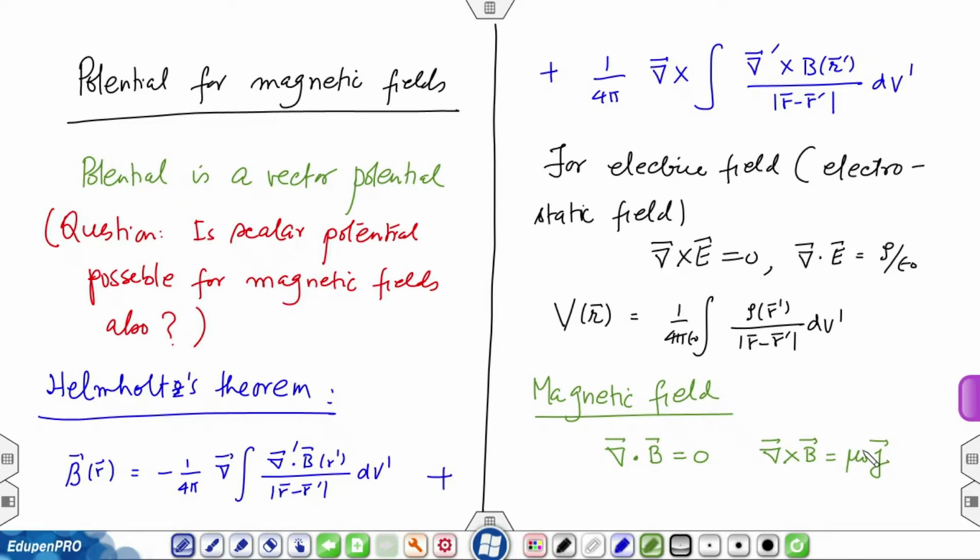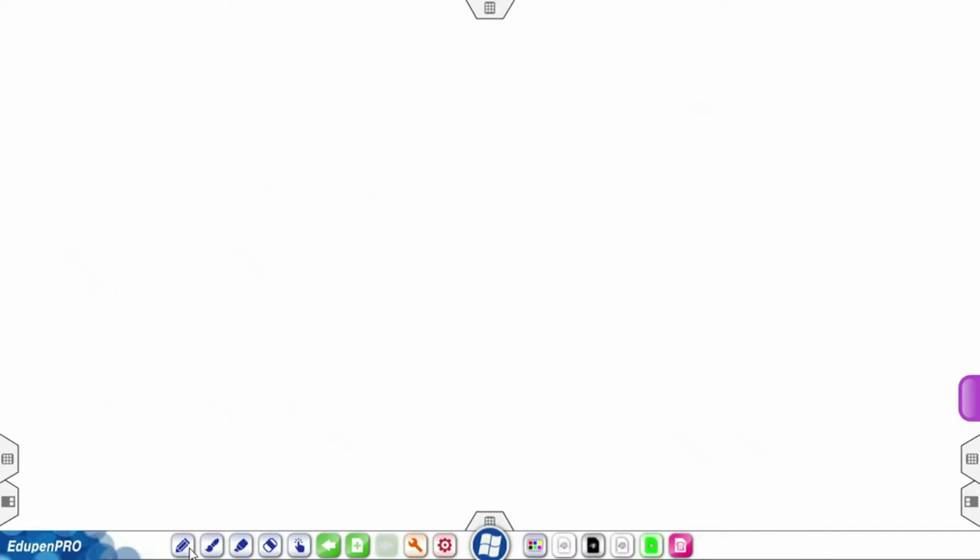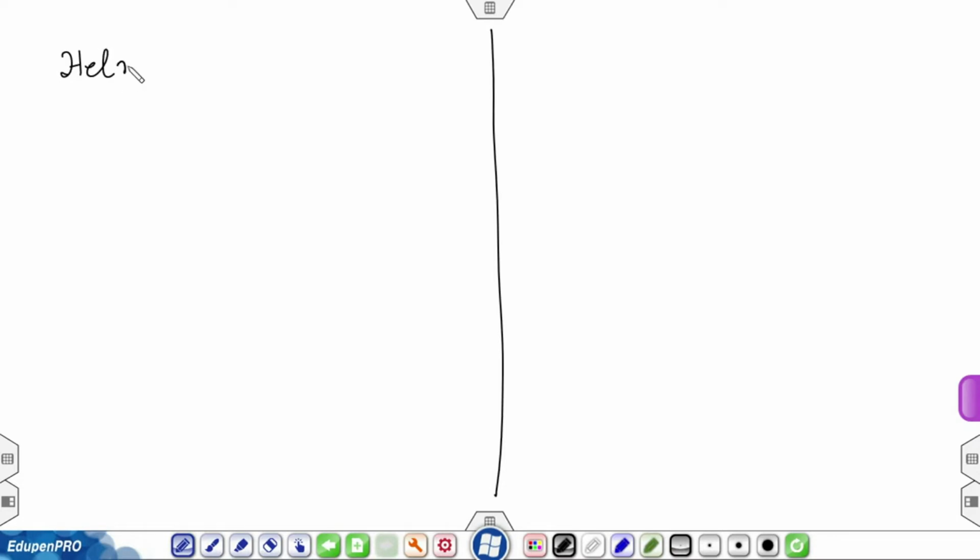So, let us go to Helmholtz's theorem and substitute. Again, let me write what the theorem says.